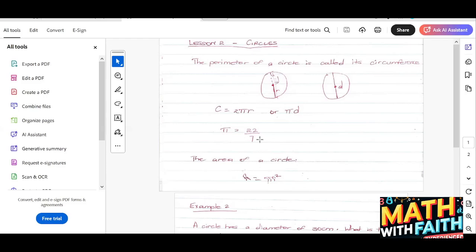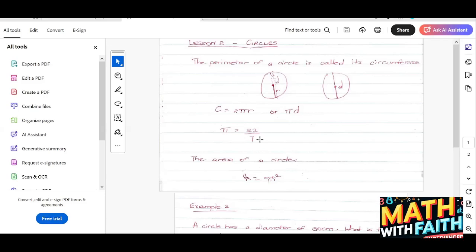But otherwise, do not round off pi, because when you round off pi, all your answers might be skewed just a bit. So use 22 over 7. I repeat, use 22 over 7 as your pi in your calculations, right? I can't stress that enough.